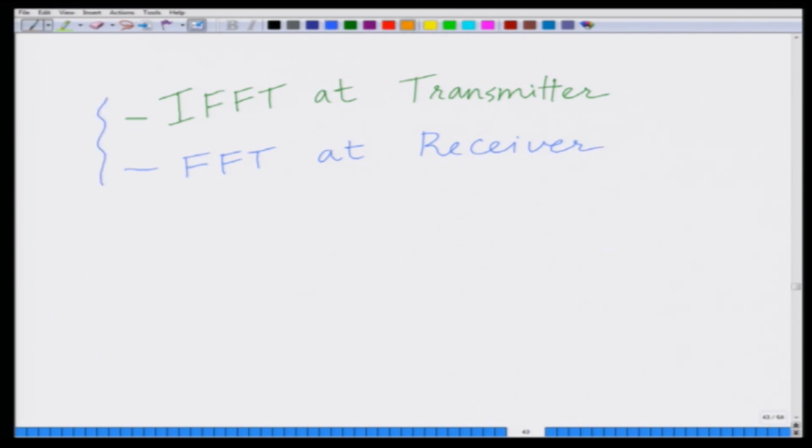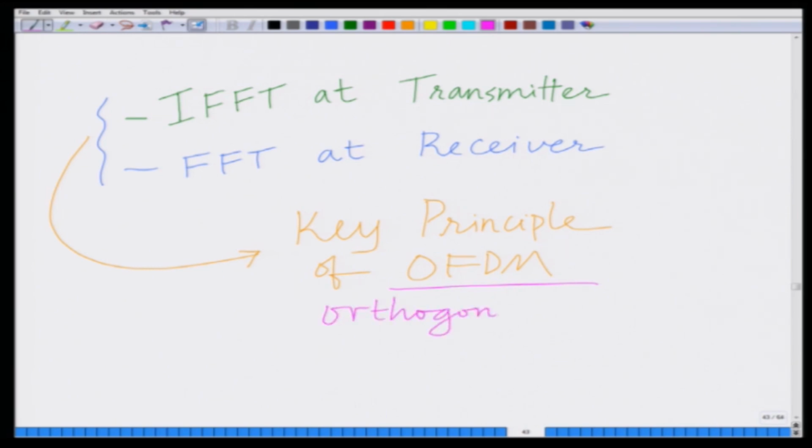And this is the key principle of OFDM, which is short for, as you might already remember, orthogonal frequency division multiplexing. Right. Now, why is this orthogonal frequency division multiplexing?